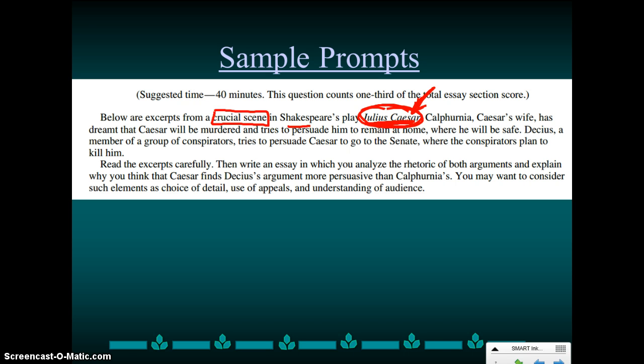Okay? So then continuing, Calpurnia, who is Caesar's wife, has dreamt that Caesar will be murdered and tries to persuade him to remain home. So this is important because this is what she's trying to do. Remain home is for Calpurnia because she wants him to remain safe. Decius, a member of a group of conspirators, tries to persuade Caesar to go to the Senate where they will kill him.